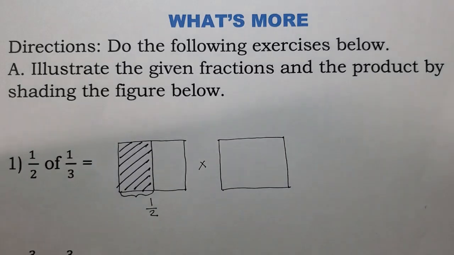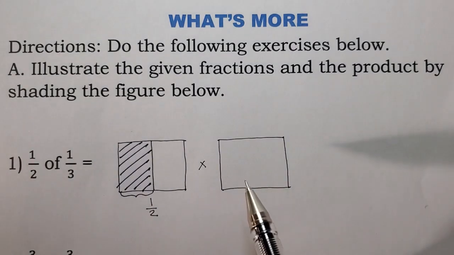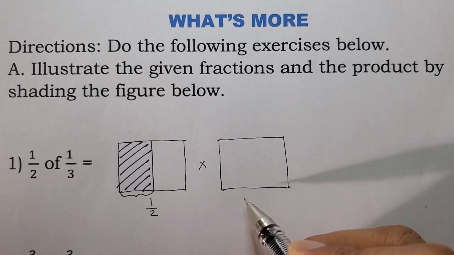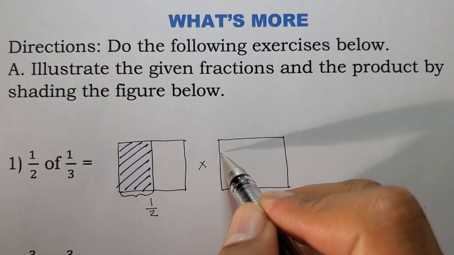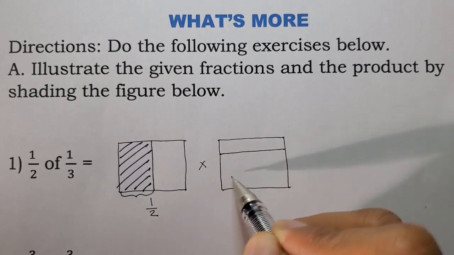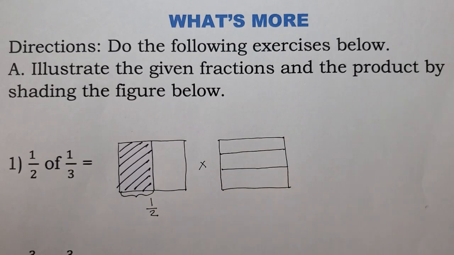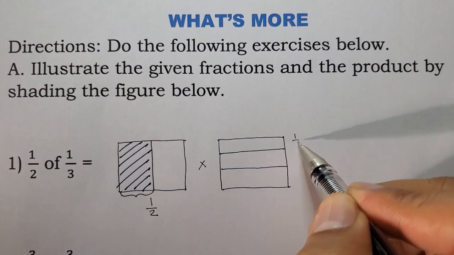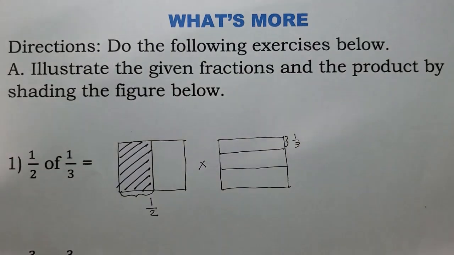Of course, the next thing that you have to do here in this second rectangle, we will show 1/3, but we will shade the width portion in order for us to show 1/3. So when we say 1/3, we will divide the width into three equal parts. Then of course, just shade 1 out of 3. So that is equal to 1/3.